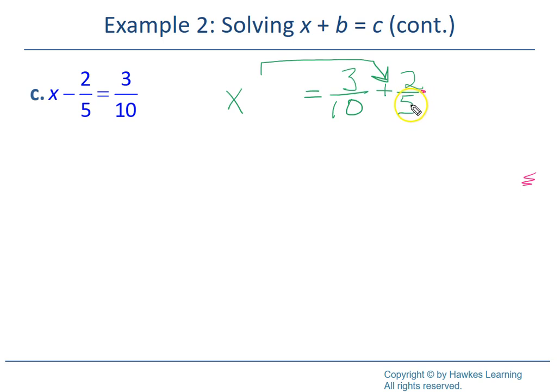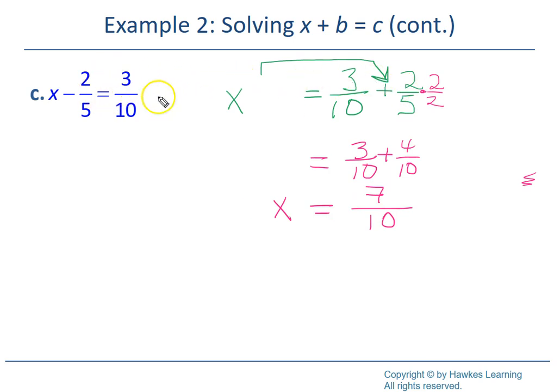So what do I have to multiply 5 by to make it a 10? And you're going to say 2. Well, then the form of 1 that I'm going to use here is 2/2. So now my fraction becomes 3/10 plus 4/10. And once I have common denominators, I just add my numerators, and I get x equals 7/10.